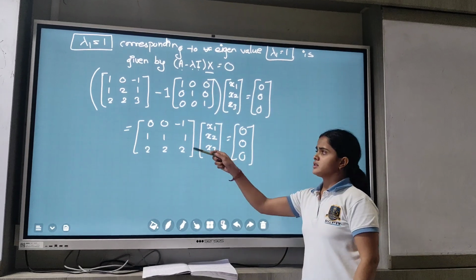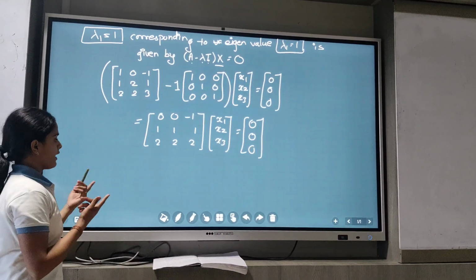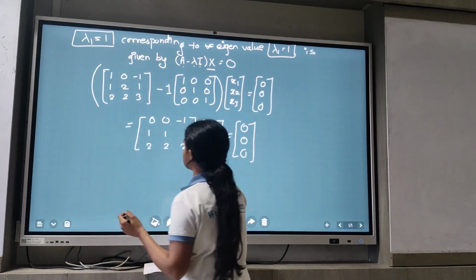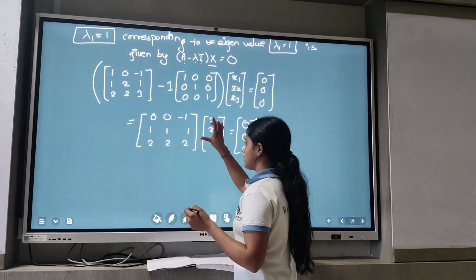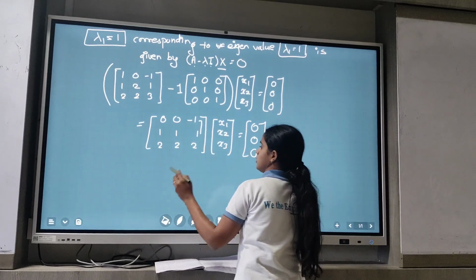Now, in this, we will consider two equations to find the eigenvector. I am considering R1 and R2, both.